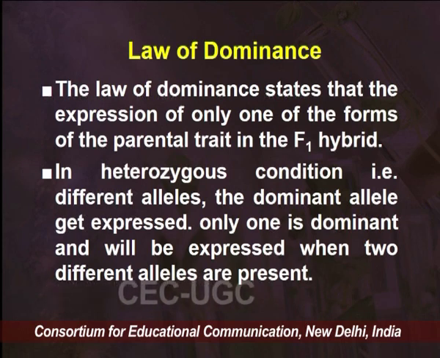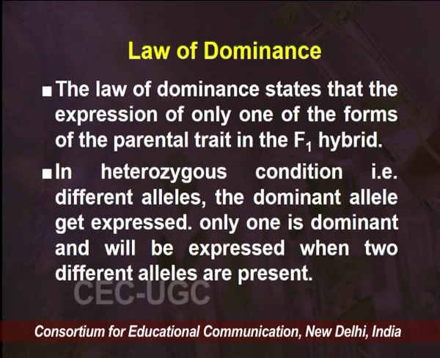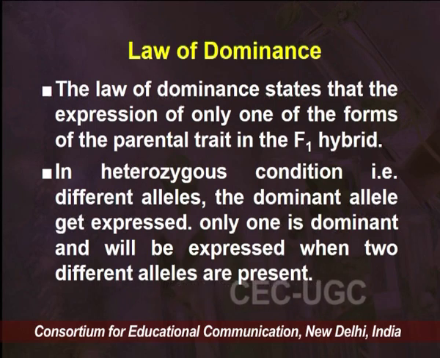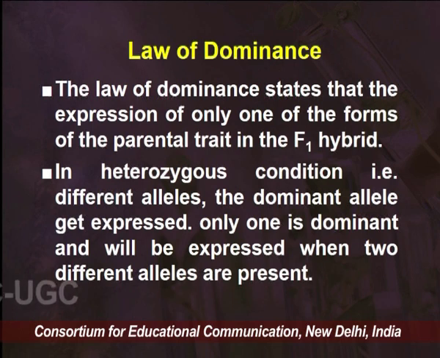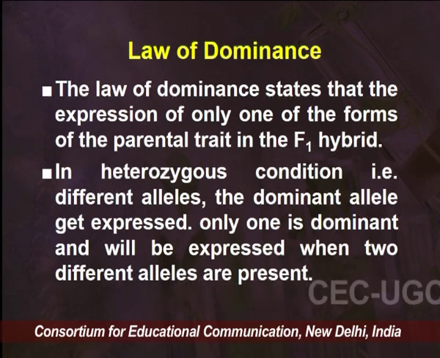The law of dominance states the expression of only one of the forms of the parental trait in the F1 hybrid, in heterozygous conditions. As we have already seen what happens in heterozygous conditions, that is, of the different alleles, the dominant allele gets expressed. We have seen this in the monohybrid cross where two different forms were used and even though the genotype was hybrid, the phenotype was still based on the presence of the dominant gene.